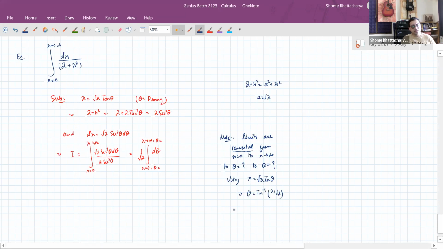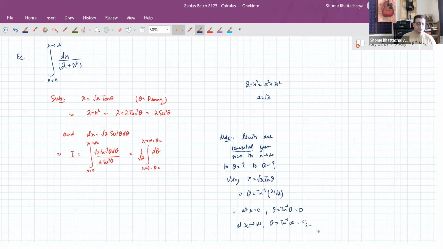Therefore at x equal to 0, theta is equal to tan inverse 0, which is 0. And at x tending to infinity, theta is equal to tan inverse infinity, which is pi by 2. I mean tending to pi by 2. Tan pi by 2 actually is not defined, so theta is tending to pi by 2.